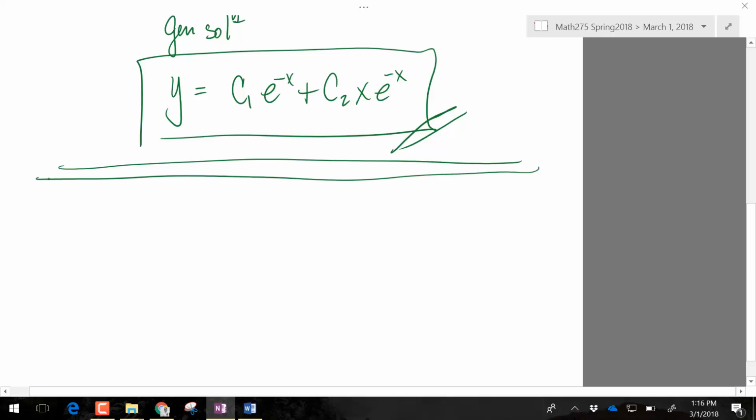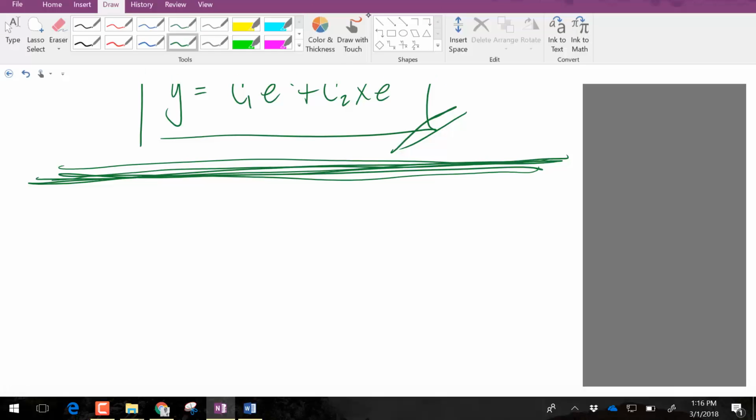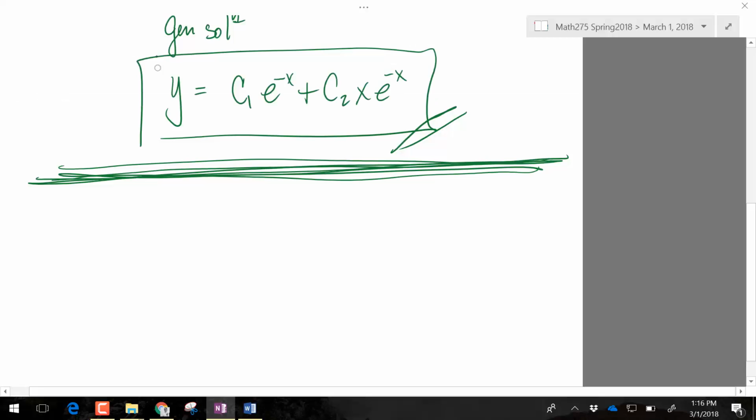Why don't we do an introduction to complex numbers? Complex numbers, meet my class. Class? You guys know what complex numbers are?